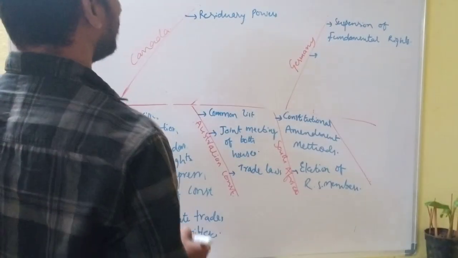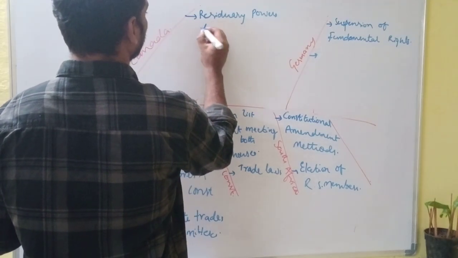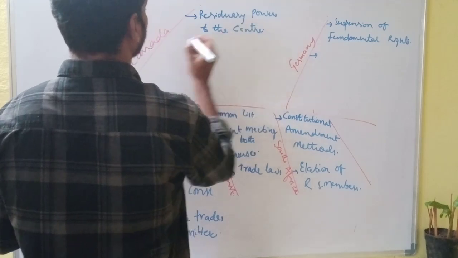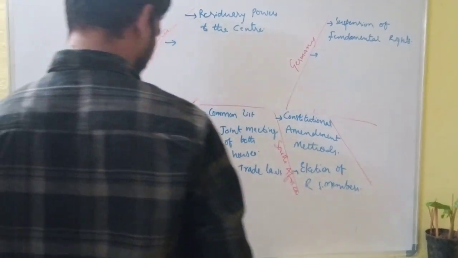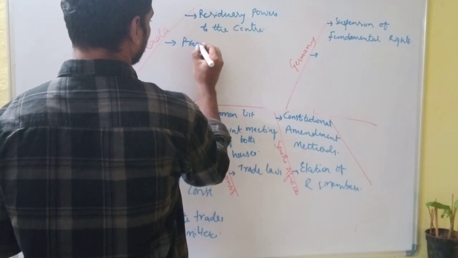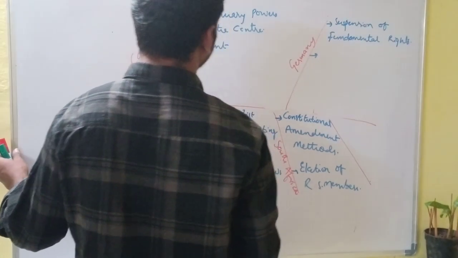Where do residual powers go? They go to the center. Another one is that the President may seek advice from Supreme Court.